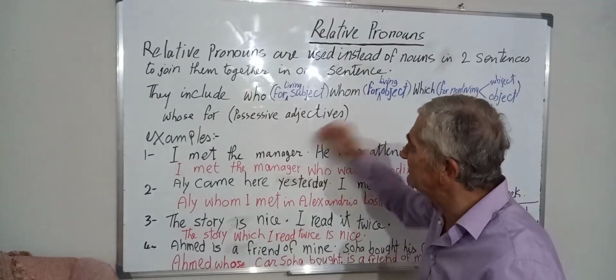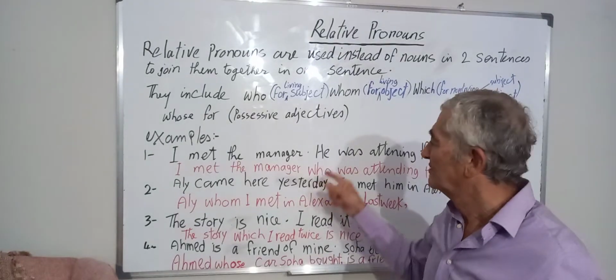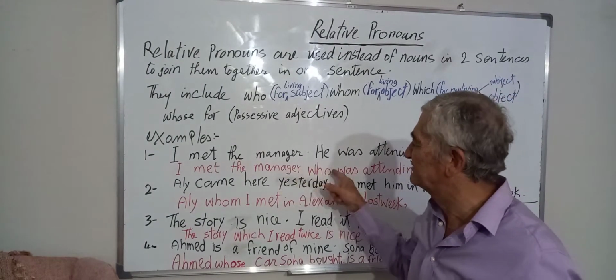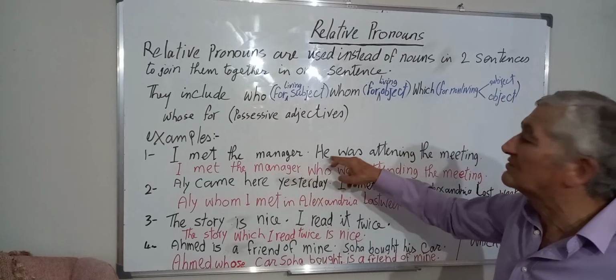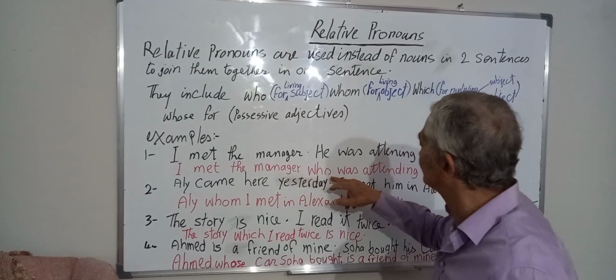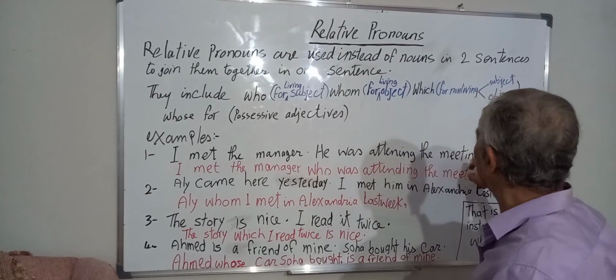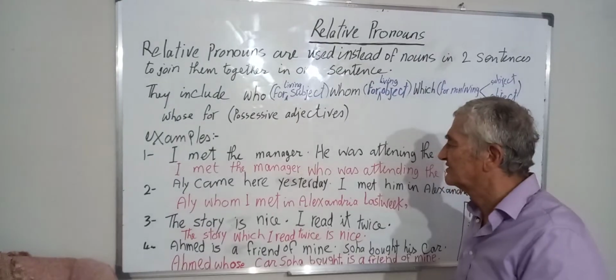We put it immediately after the original noun which it refers to. The manager who, and complete the second sentence. I met the manager who was attending the meeting. It's that easy. It's not difficult.